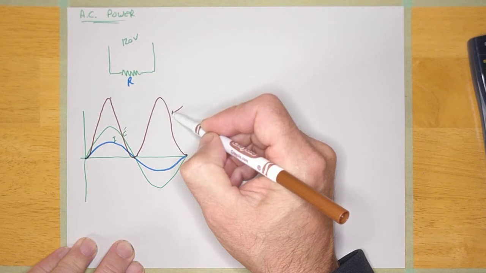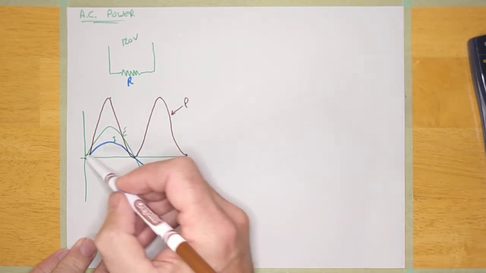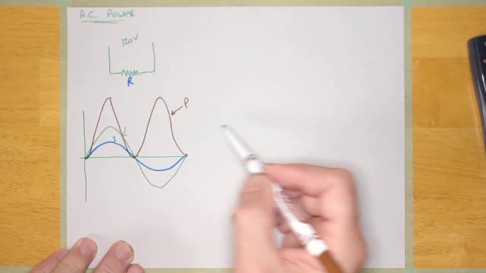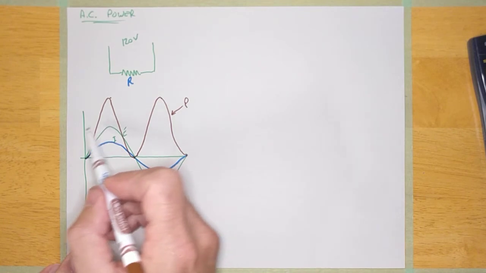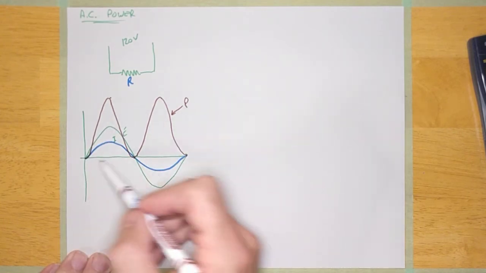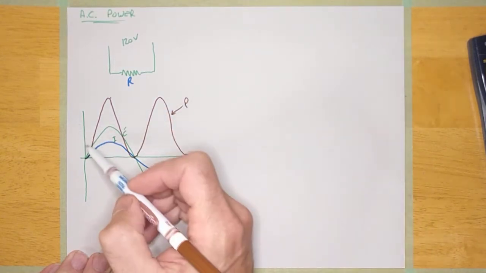Okay, guys? So even though the voltage and the current are going positive and negative, the power for this type of circuit here is going to be always positive. And this is moving your kilowatt hour meter, and so it doesn't matter if the alternation is positive or negative, the power is going to be positive all the time.